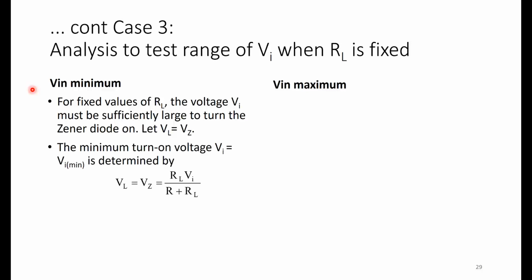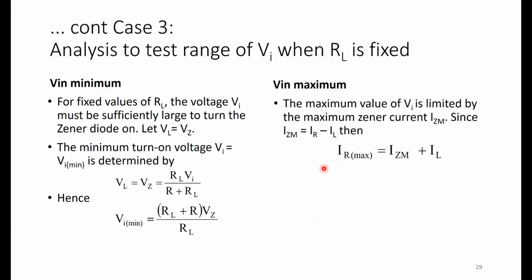But the minimum turn-on voltage Vin min is determined by, okay, VL is equals to Vz, which is equals to RL Vin over R plus RL. But in the previous case 2, RL was not a fixed value. So in this case, RL is a fixed value. Okay, and we can find Vin minimum from the voltage divider rule rearranged.